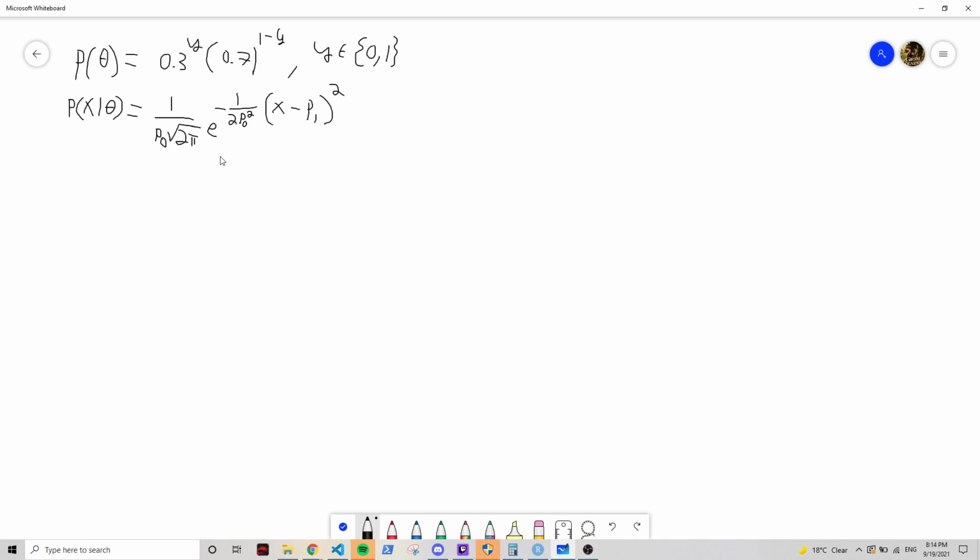Try to ignore my bad handwriting. This looks like a normal random variable besides these weird p0 and p1 things.